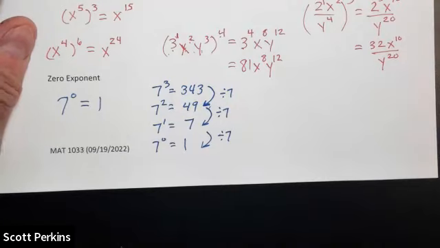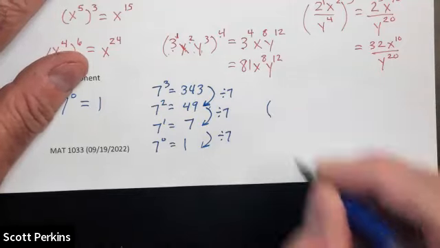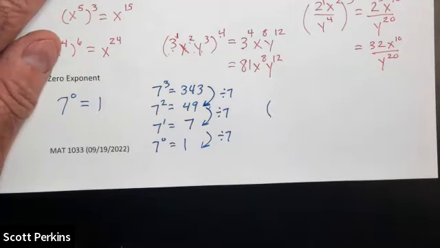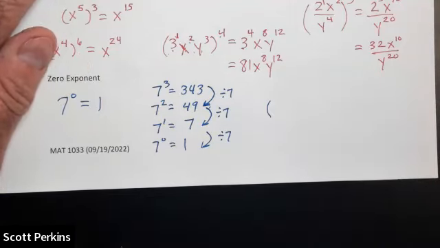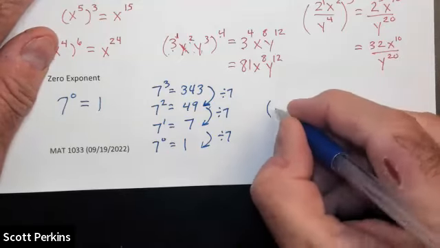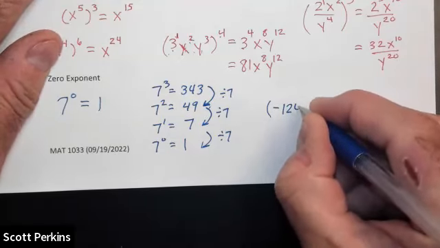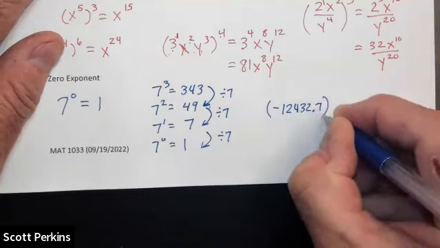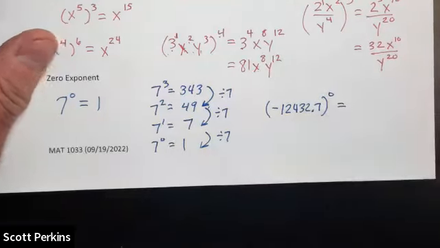So real quick, here is your lone example to do for this. There's a problem just like this on the test. I want this to be nice and quick and easy points for you. Let's say we have negative 12,432.7 raised to the 0 power.